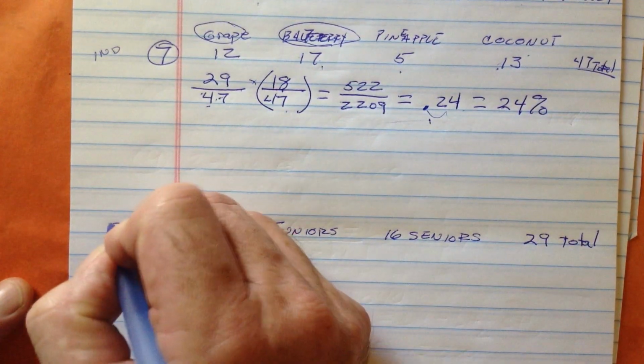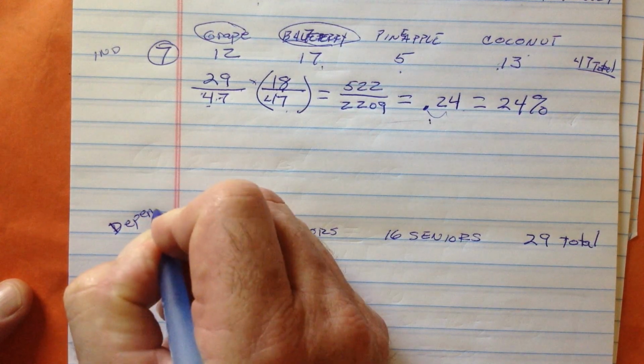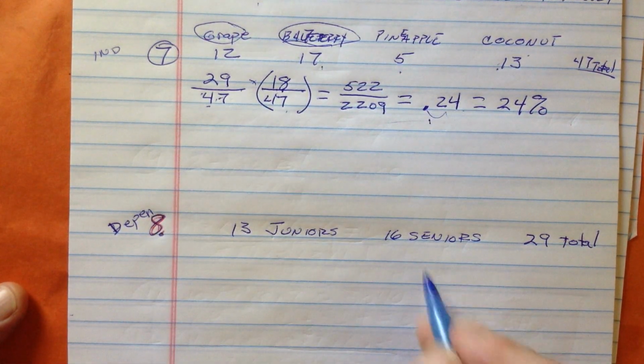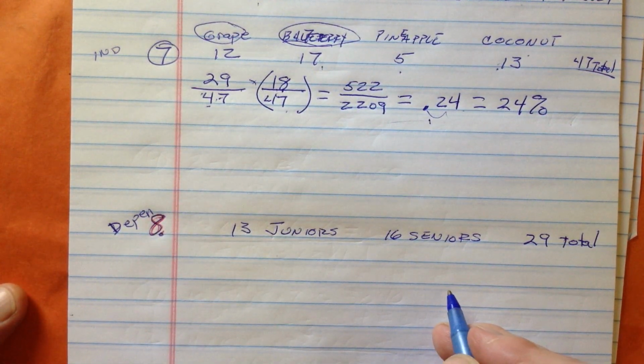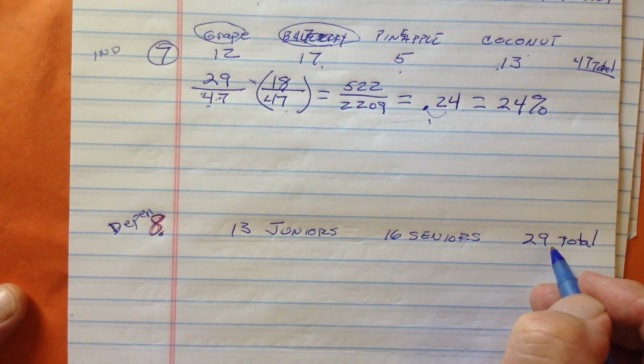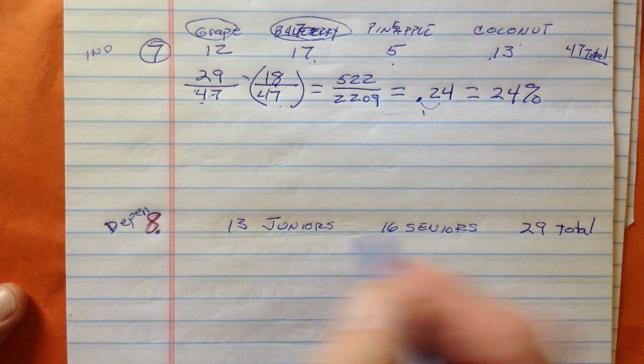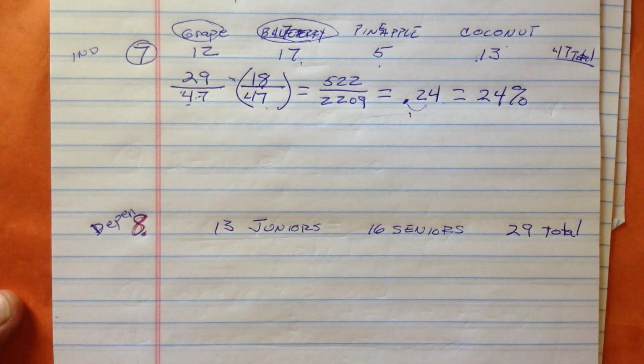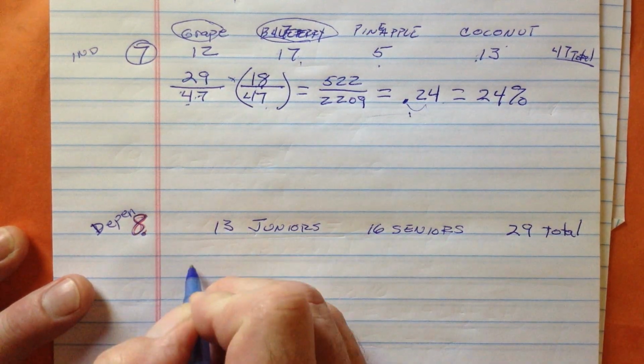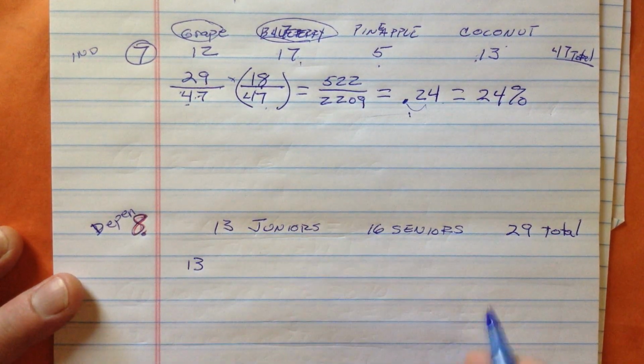I have over here D for dependent, because the result of the second choice is going to be affected because one of the students is going to be missing. For example, the first choice, let's say all their names are in the jar, and I pull one of them out, and let's say what are the chances of one of them being a junior?